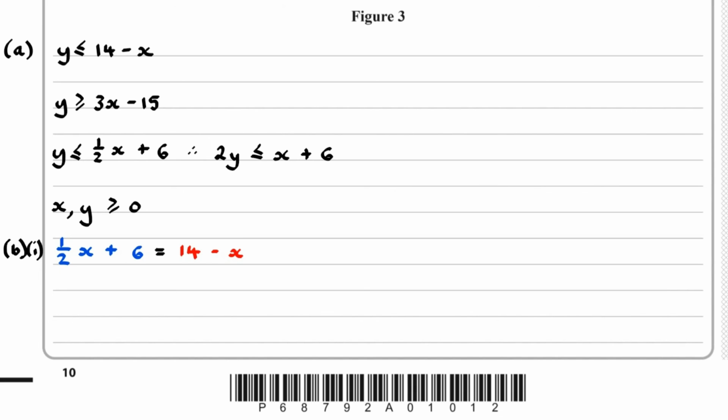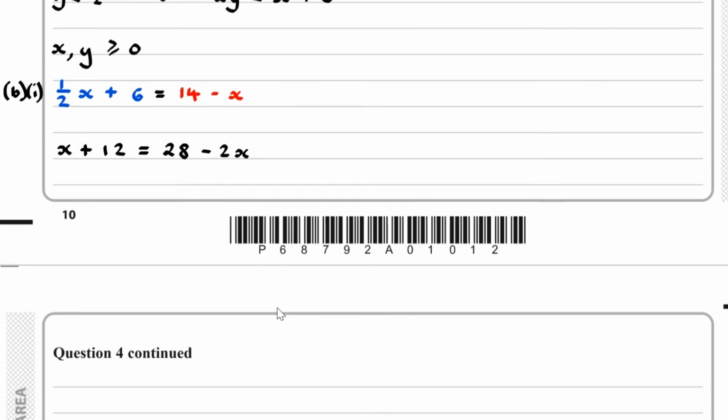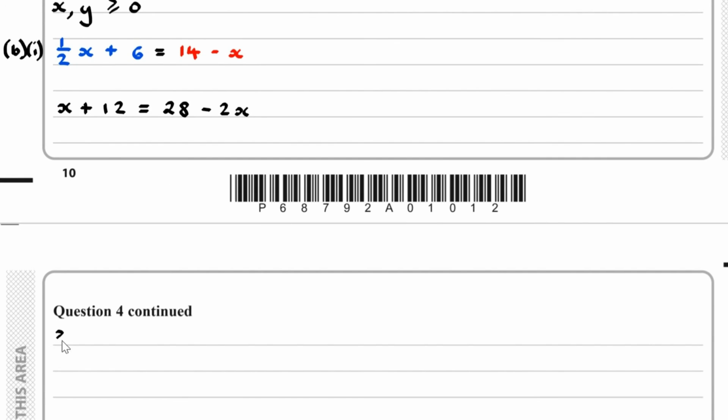So now let's solve for x. If I multiply through by 2, I've got x plus 12 equals 28 minus 2x. So we have 3x, which is equal to 28 minus 12, which is 16. So I get 3x is 16, which means x is equal to 16 over 3.